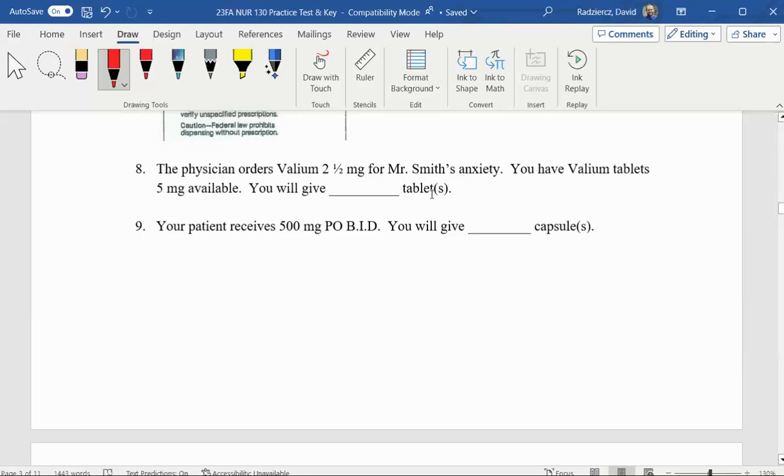But because it only tells you to give 2.5 milligrams, you don't know how often he's getting the Valium per day. You just know that the order is 2.5 milligrams, so it's probably just for the one dose. But he's probably going to end up taking it again. Maybe it's as needed every so many hours, but yeah.